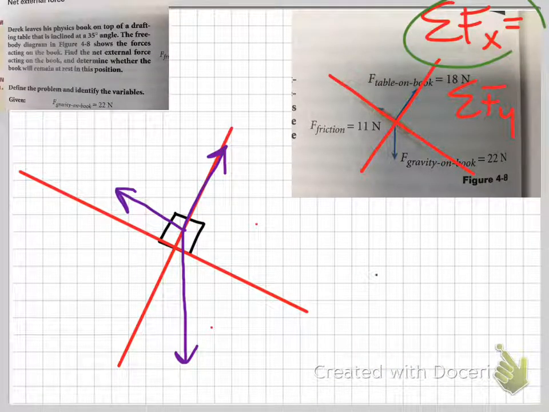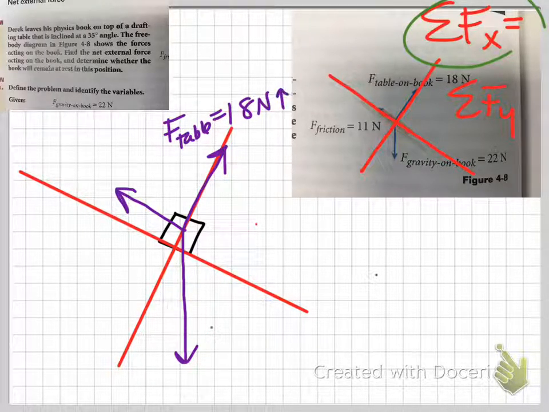Okay, so I've redrawn this free body diagram. I'm going to go ahead and label the force of the table on the book. That's force of table, 18 newtons up. And with our tilted axes, that's straight along the y-axis, no need to resolve it.